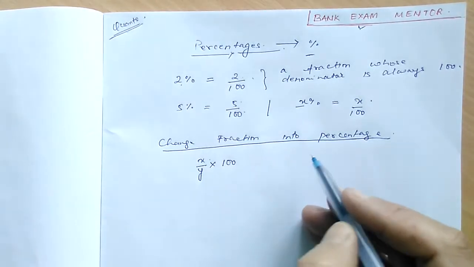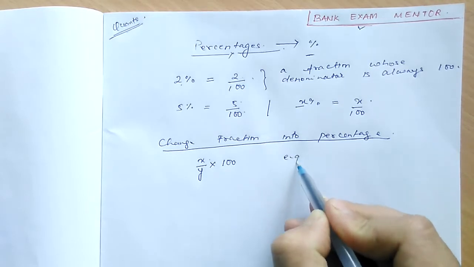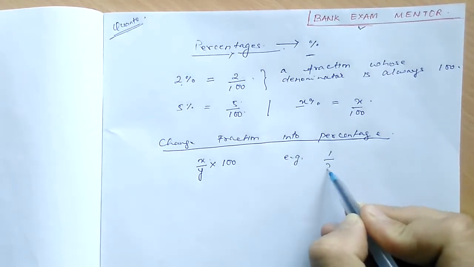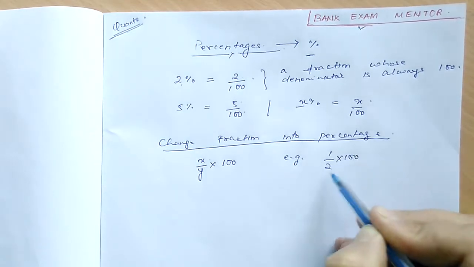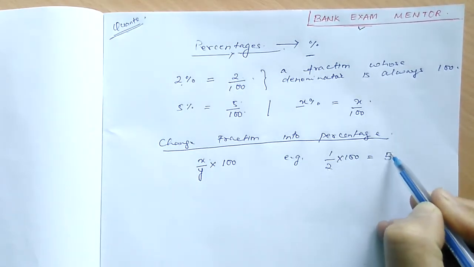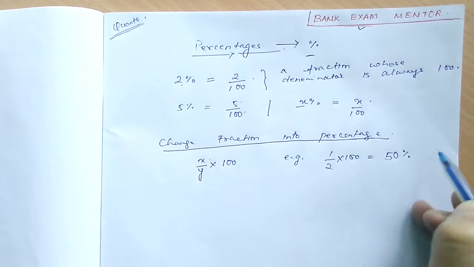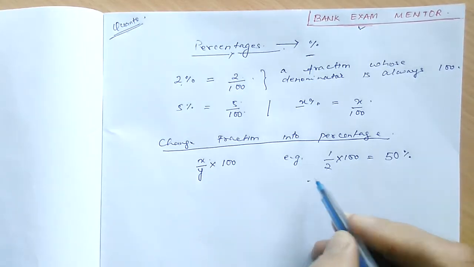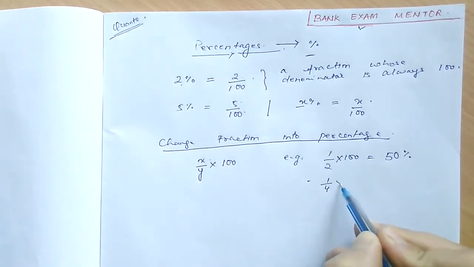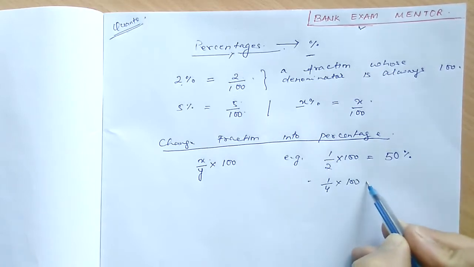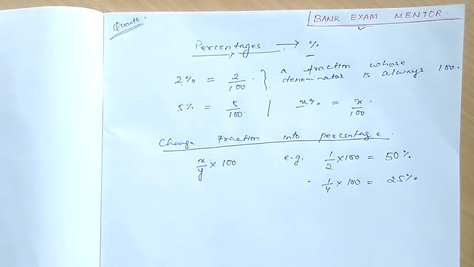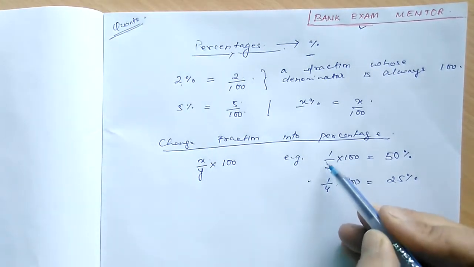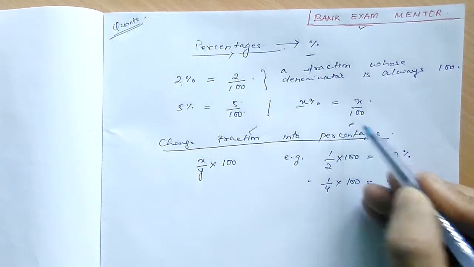Let's say I have a fraction half, and if I multiply this by 100, this will be equal to 50%. Second example, I have a fraction 1 by 4, and if I multiply by 100, this is equal to 25%. So this way you can change fractions into a percentage.